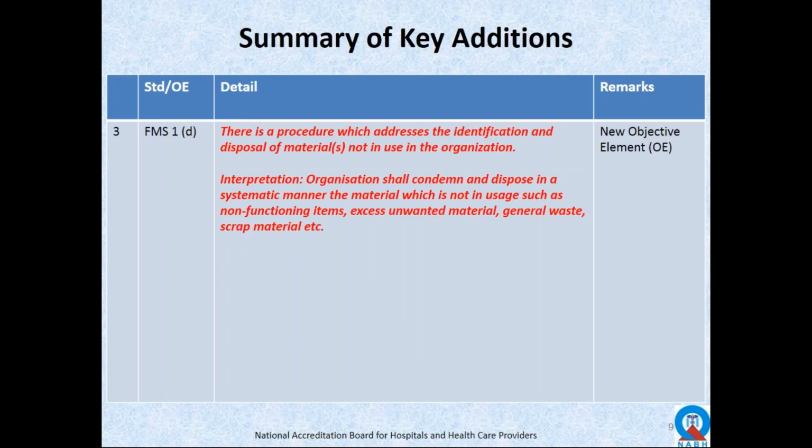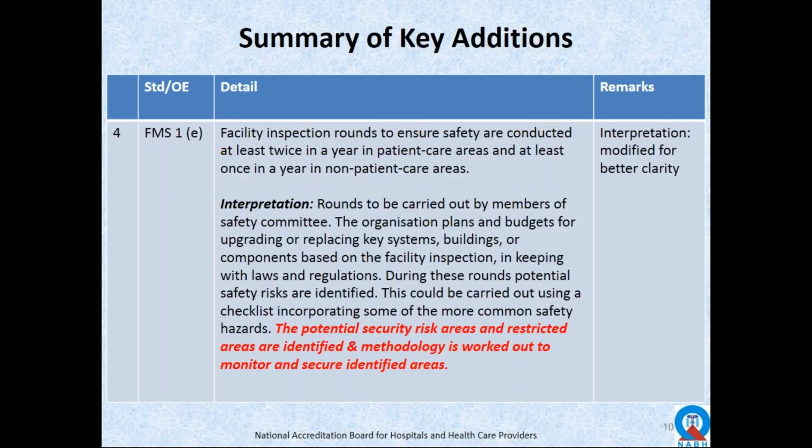FMS 1E, facility inspection rounds are conducted to ensure safety at least twice a year in patient care areas and at least once a year in non-patient care areas. Here again the interpretation has been modified to bring more clarity in including potential security risk areas and restricted areas which should be identified, and a mechanism to be worked out to monitor and secure these identified areas.